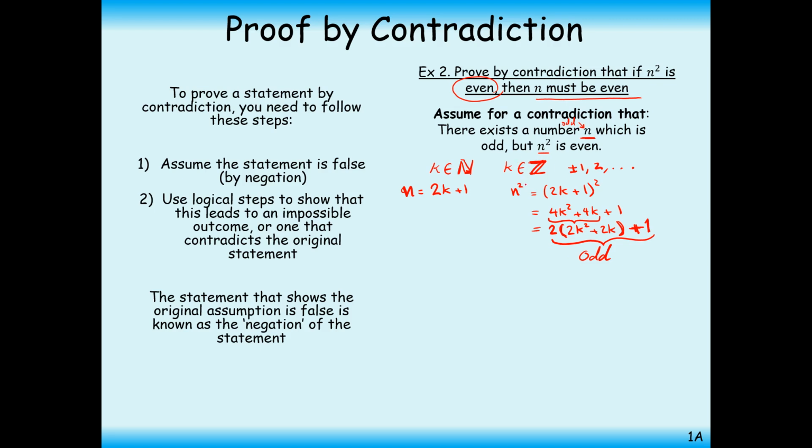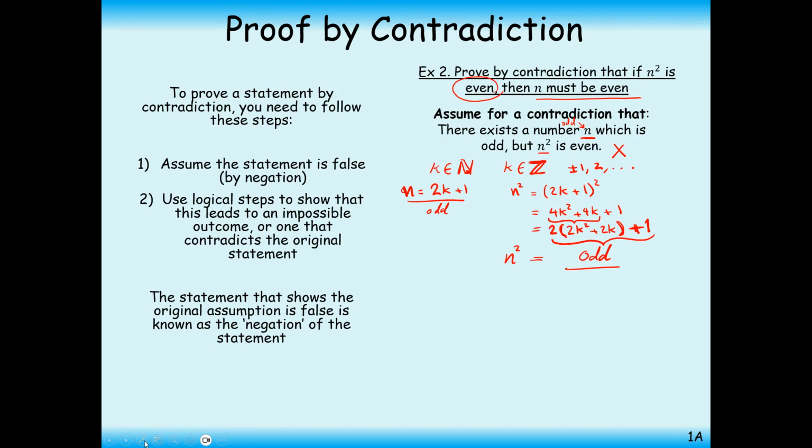So what we started with was an odd number, and we didn't get an even number. When we square n, we also ended up with an odd number. Therefore, we have contradicted the claim that an odd number, when squared, will end up with an even number.